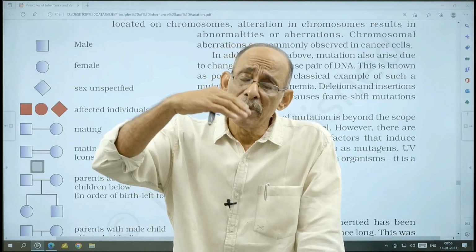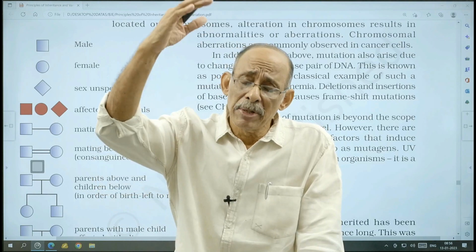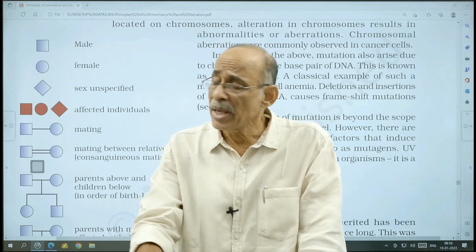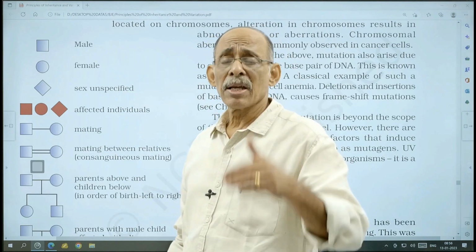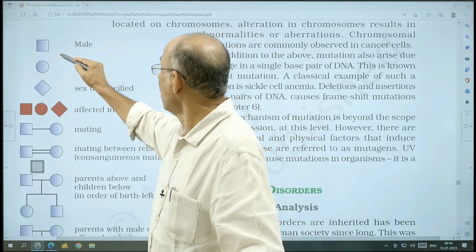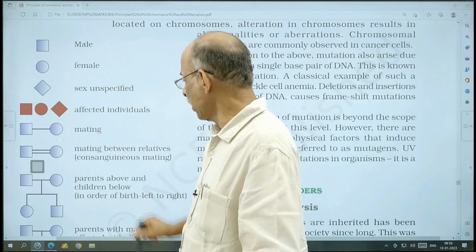So we have to trace the history of that particular character by studying the family history. After studying the family history, we draw a tree known as a family tree, this pedigree tree. Here, male, female, affected, mating, consanguineous mating, like that.